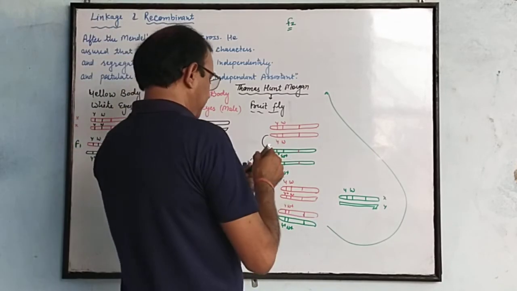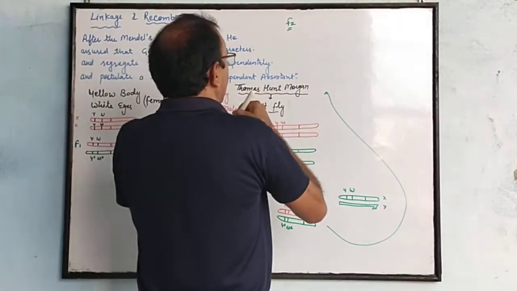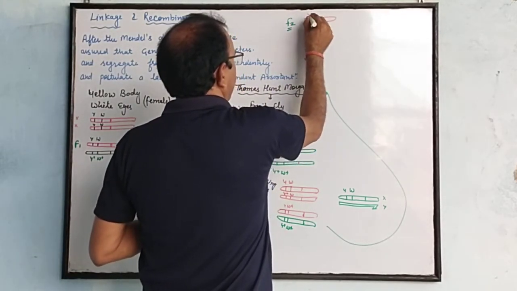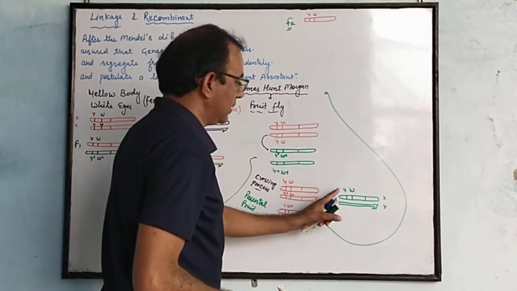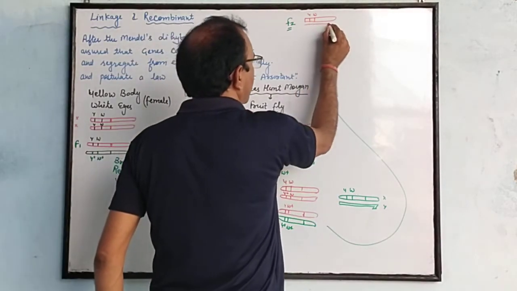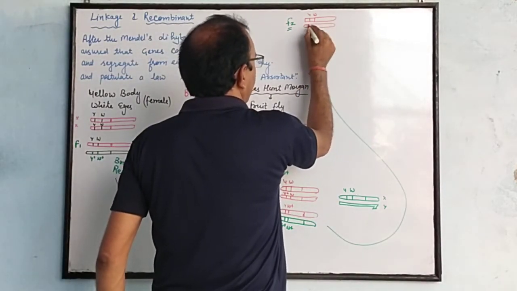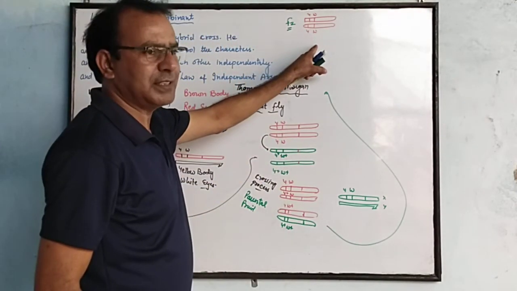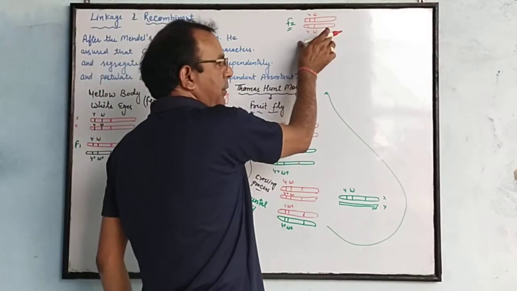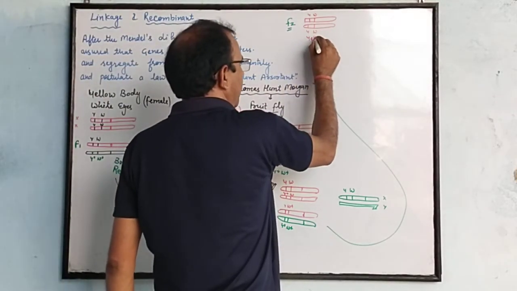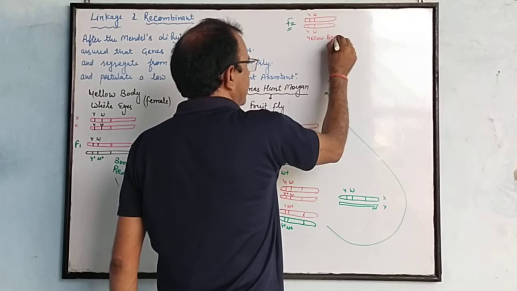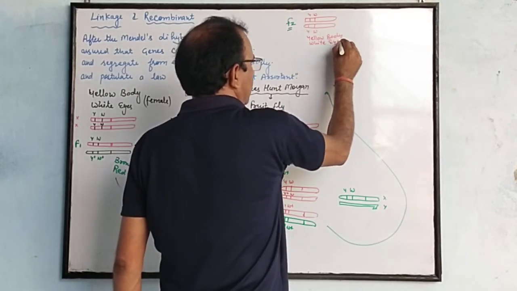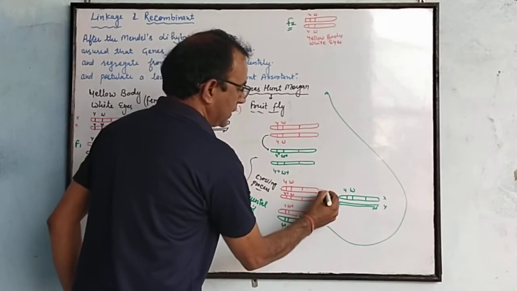This X1 is YW, and this one is also YW. Both are similar. So the females which are produced have yellow body, white eyes.